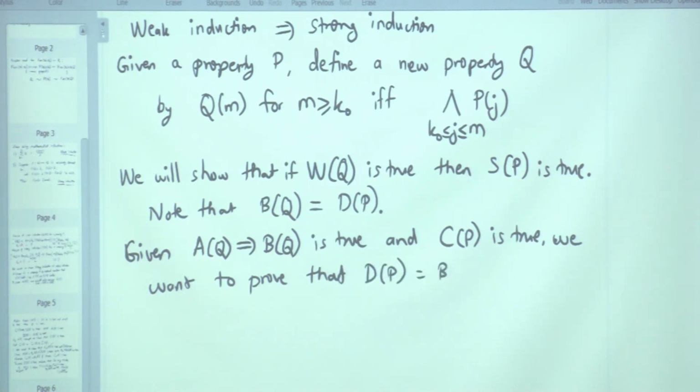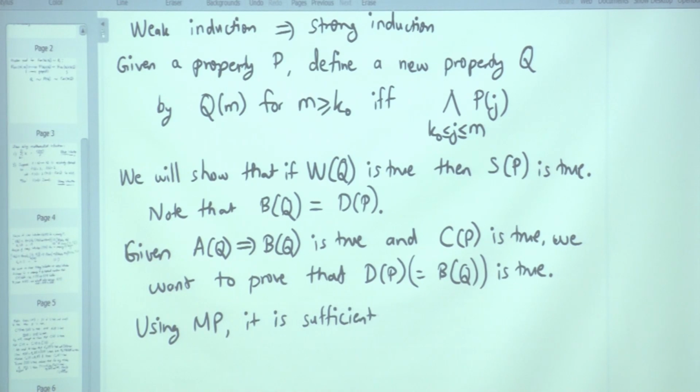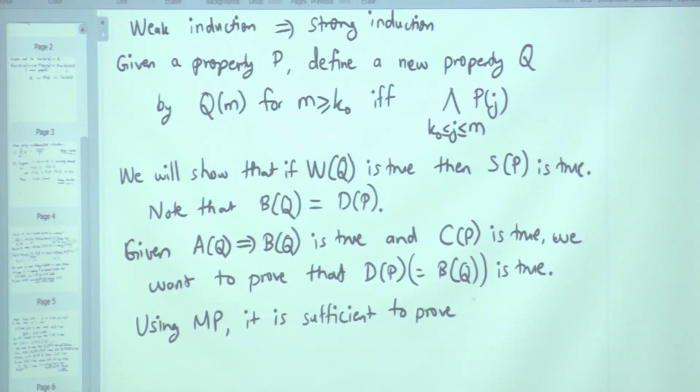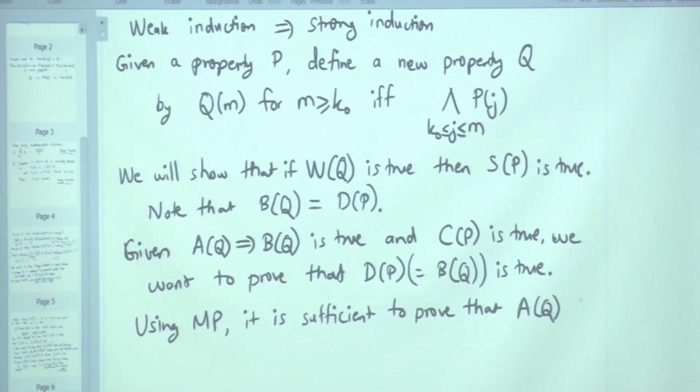But DP is same as BQ is true. Now using modus ponens, what is sufficient to prove? AQ. Okay, good. So using MP, it is sufficient to prove that AQ is true. Because if AQ is true and AQ implies BQ is true, then BQ is true and BQ is same as DP.